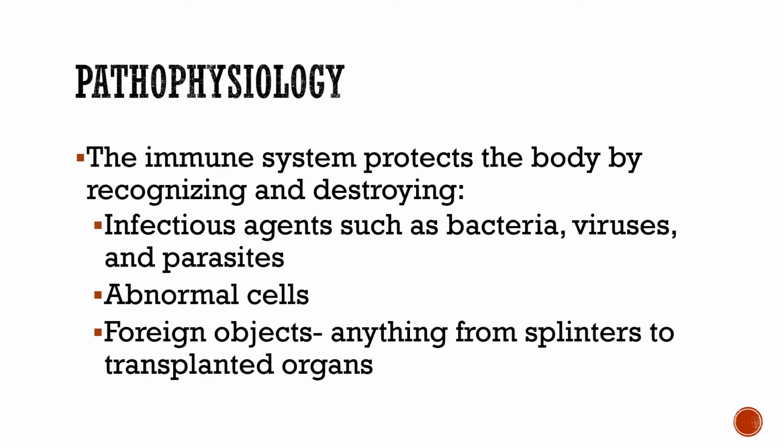So the pathophysiology, I always like to include a little pathophysiology in my lectures. The immune system will protect the body by recognizing and destroying infectious agents such as bacteria, the virus, and the parasite. Any abnormal cells or foreign objects, anything from splinters to transplanted organs, right? We know that anything that does not belong in the body is going to try and be rejected.